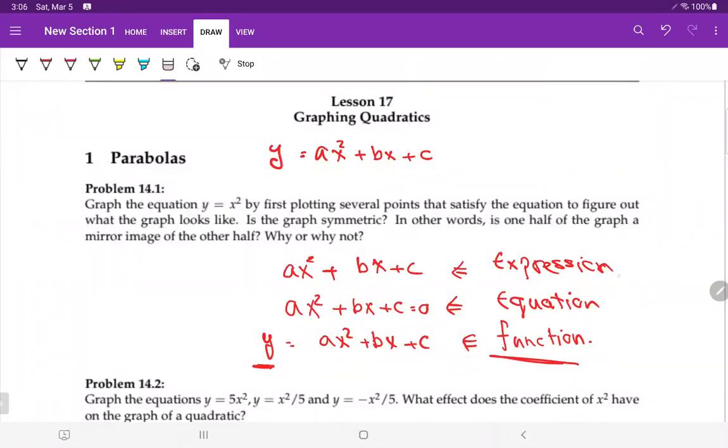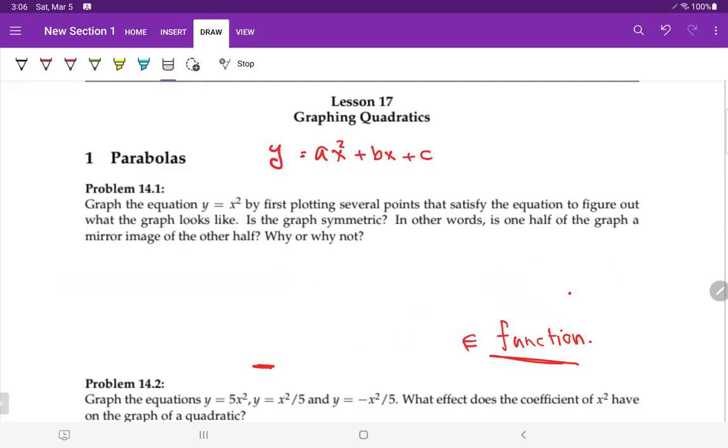So let's start solving these problems, okay? Graph the equation y equals x squared by first plotting several points that satisfy the equation to figure out what the graph looks like. Okay, we have this guy, y equals x squared.